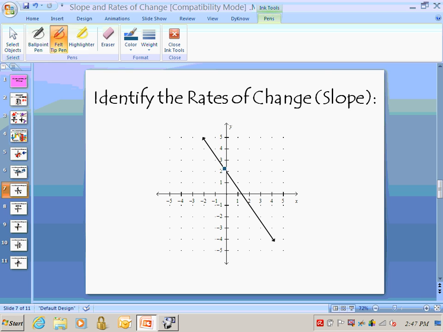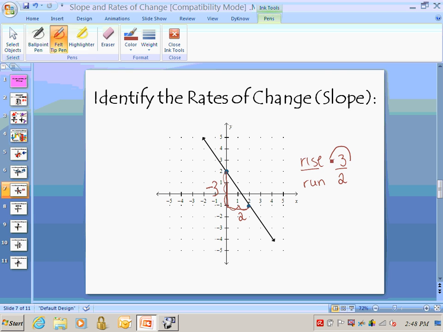The next one, I have a y-intercept of 2 here, and I'm going through a point here. So this rate of change, let's see, I'm going down 1, 2, 3, so negative 3, and running 2. So my rise is negative 3 over my run of 2.